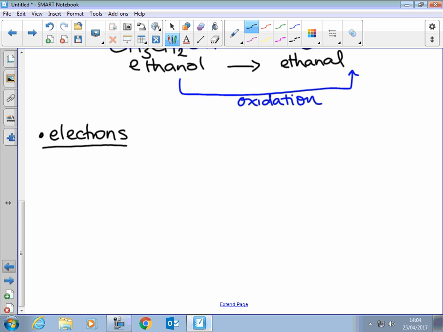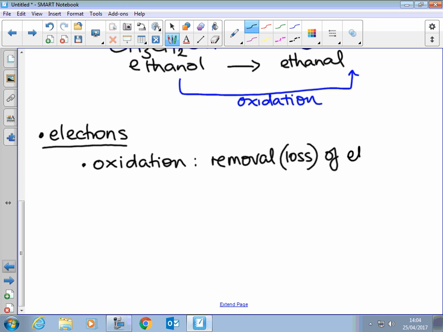This is the one that's going to be most useful. It's going to be most applicable. And so what we have here is oxidation. I'm going to write it slightly differently. I don't think I had the dots in there, did I?